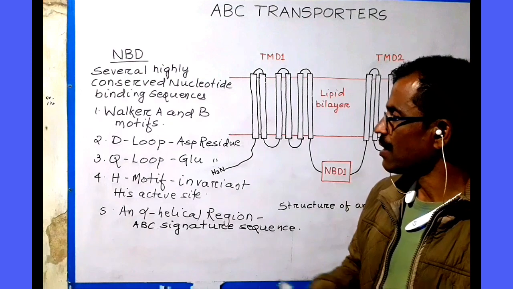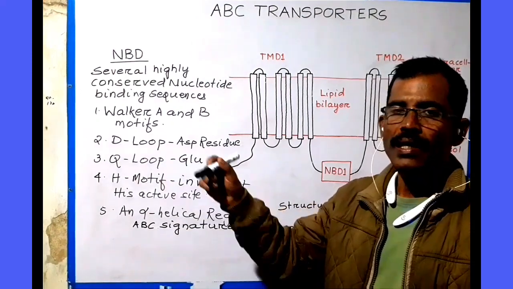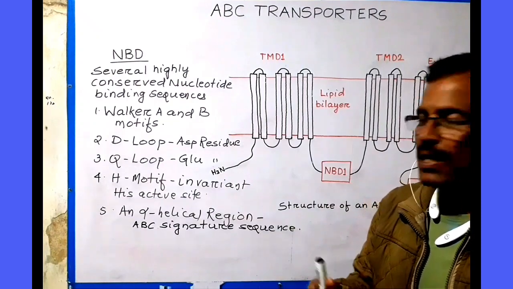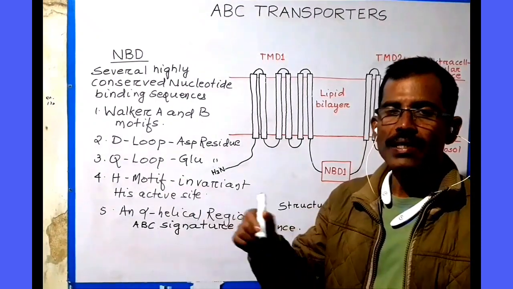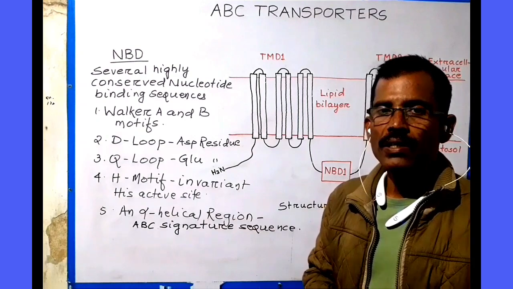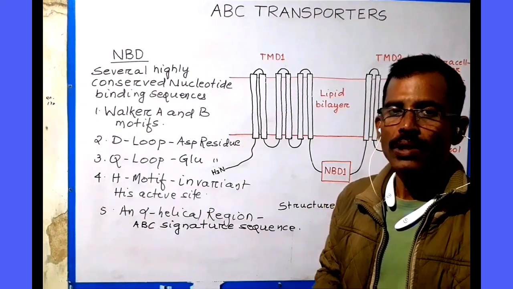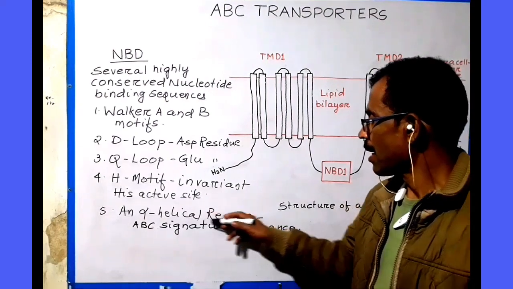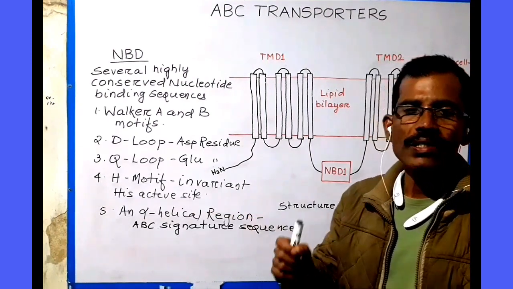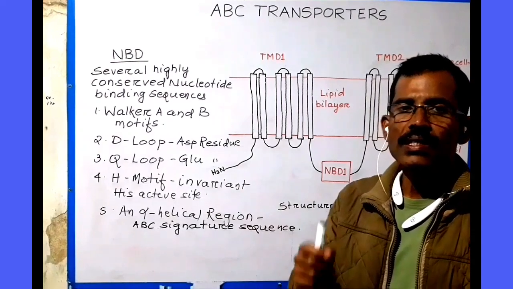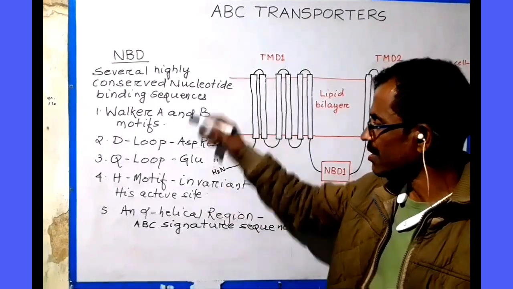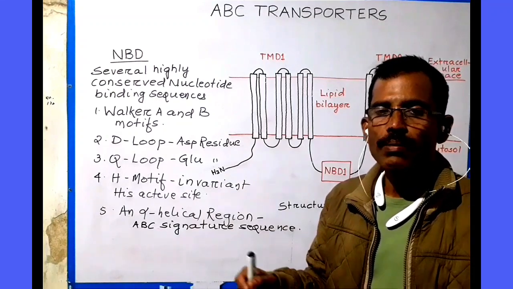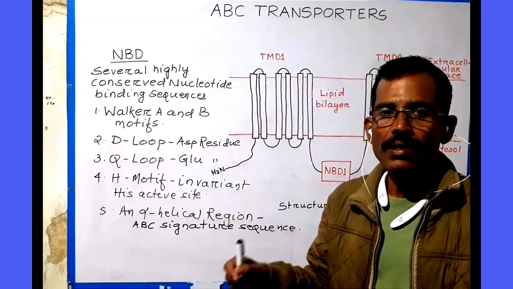Another sequence is a Q loop that has a glutamate residue. The NBD also has an H motif that has an invariant histidine active site. In addition to this, the nucleotide binding domain has an alpha helical region which has the ABC signature sequence. All these sequences are combined in the nucleotide binding domain of ABC transporters.